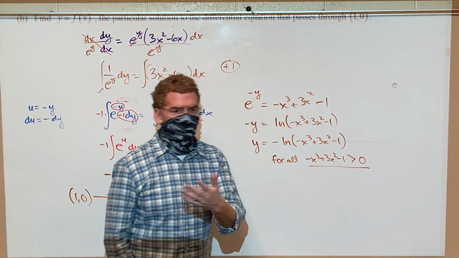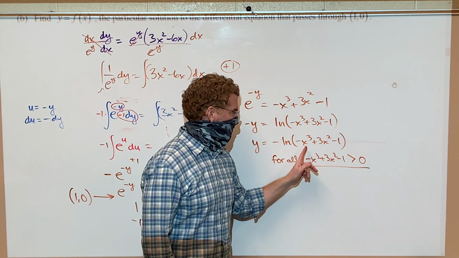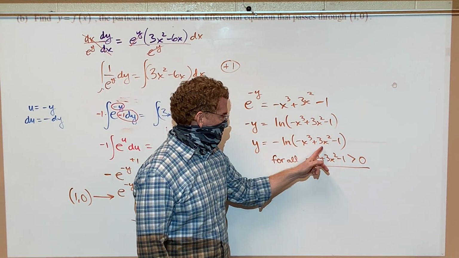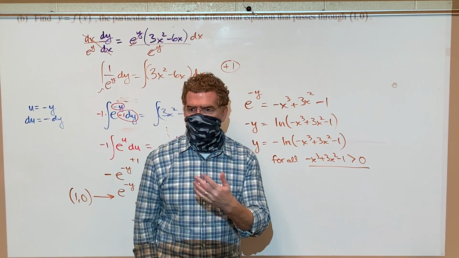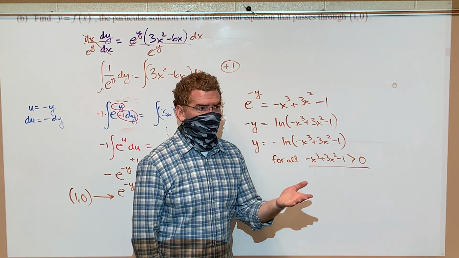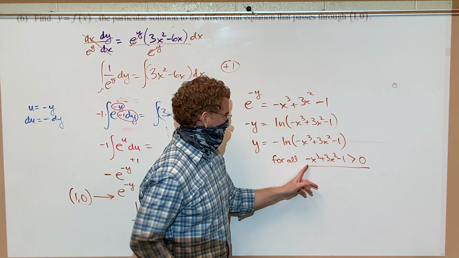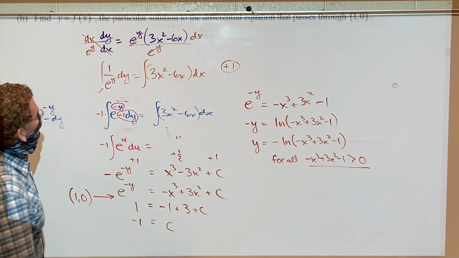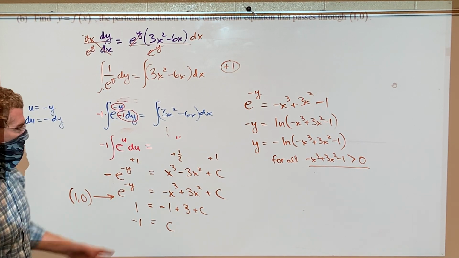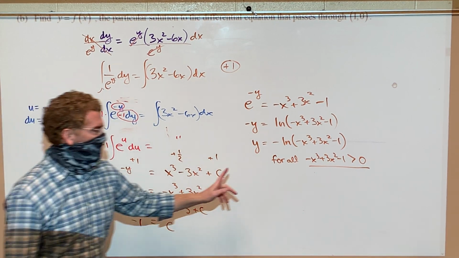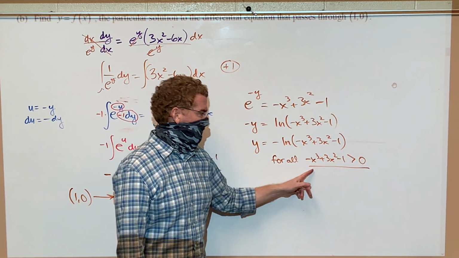Well, that's positive, that would be safe. If I plug a 2 in there, I get negative 8 plus 12 minus 1. That's still positive, still safe. But there might be some x values out there that don't make that true, so they put this condition on there and said, hey, just in case.